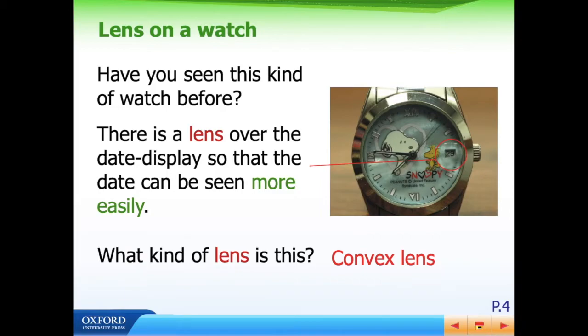So basically, lenses have been widely used in many applications. And that is why it is very important for us to learn and understand the properties and the physics behind this material or this device.